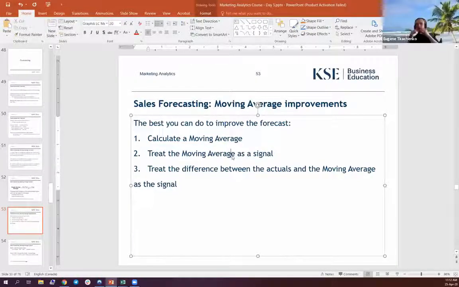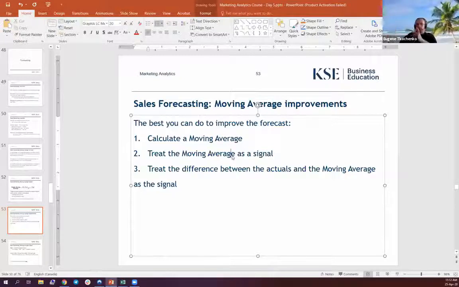The signal here would be the difference between actual and predicted results within year 1. So once you start building the forecast using moving average for year 2, you can, with a certain level of certainty, use all your signals or differences in numbers for year 1.